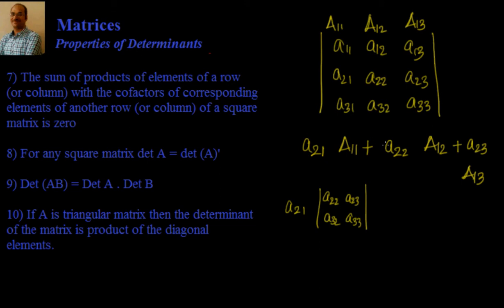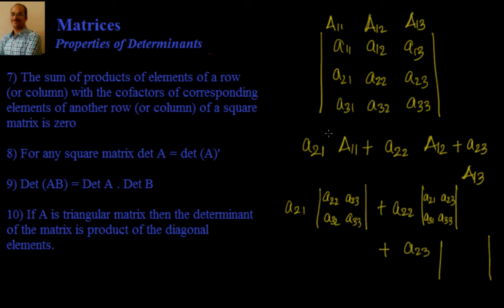Then after that I have A22 into cofactor A12. Cofactor A12 is nothing but equal to minus the determinant of A21, A23, A31, A33. What's the next one? Plus A23 into, let's multiply that with the cofactor of A13.